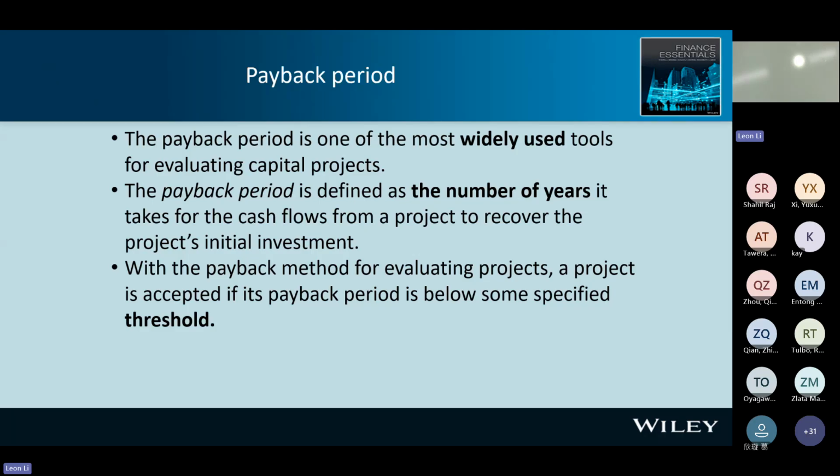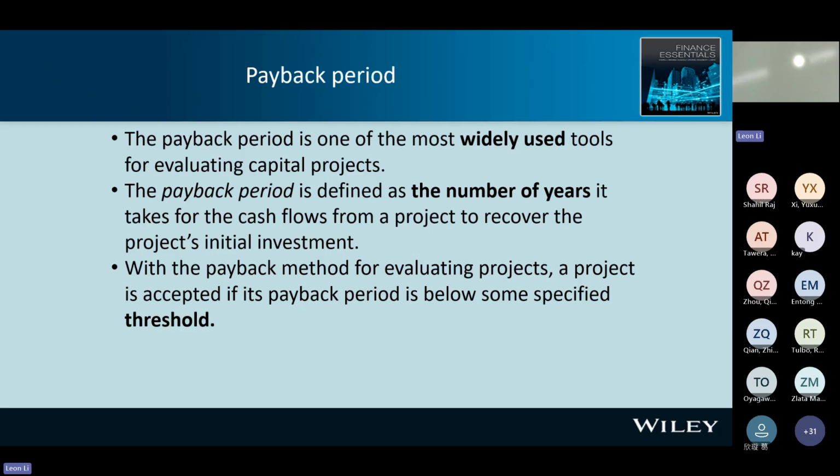The payback period is defined as the number of years it takes for the cash flow from the project to recover the project's initial investment. Payback is how many years the company will need to recover the project's initial investment.